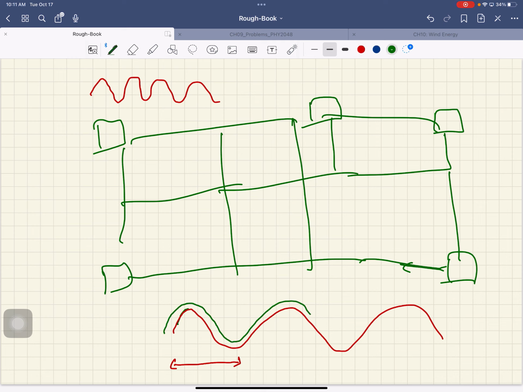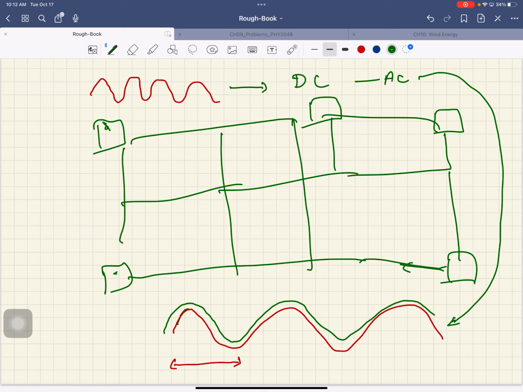Every one of them has to match the waveform on the grid. So that's why you have to convert this to DC and then back to AC with the 60 hertz signal that exactly matches that. Do you guys understand?